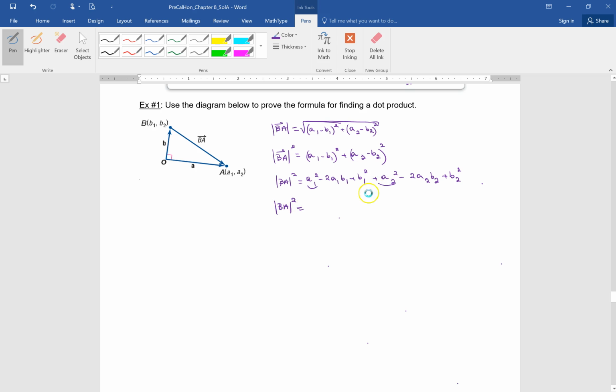A1 squared plus A2 squared, I'm just going to write it here. Okay? And plus B1 squared plus B2 squared, right? Plus, what else do I have? Minus 2 A1 B1 minus 2 A2 B2.